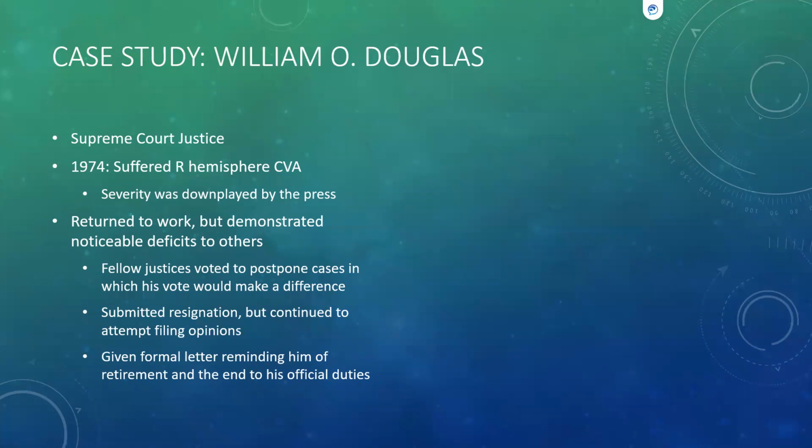Other Supreme Court justices started to notice these big discrepancies and deficits. A lot of times they were voting to postpone cases where his vote would make a difference. They were really trying to divert cases from his workload because they were seeing that the cognition and the reasoning was impaired.